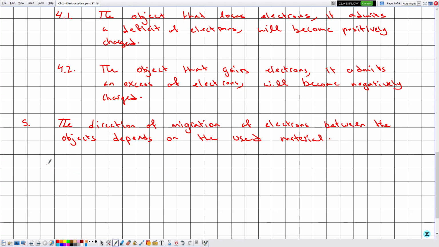Now let me do the following table. Now the materials being used or being rubbed. Let me say that here if we're rubbing silk with glass, so let me say that this is positively charged and this is negatively charged.